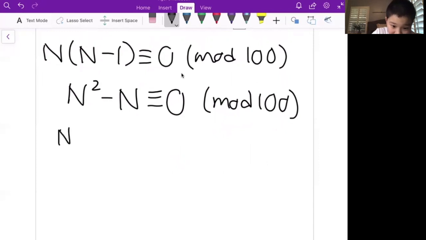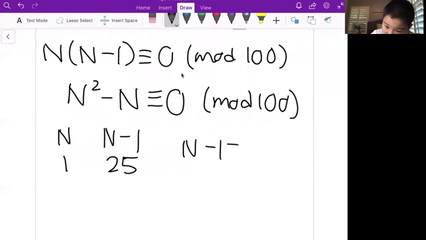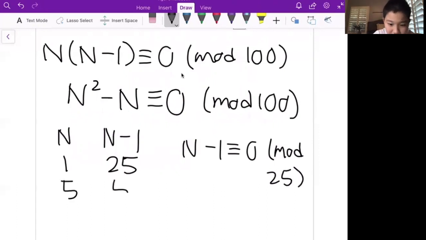So n and n minus 1 have to multiply to a number that's divisible by 25. So that either happens when n minus 1 is divisible by 25, let's write that down, or n is divisible by 5 and n minus 1 is divisible by 5.